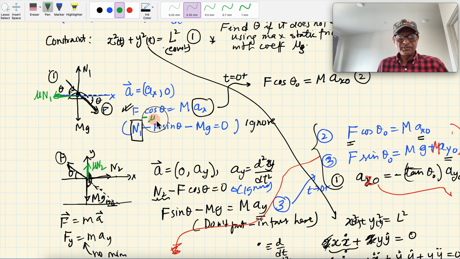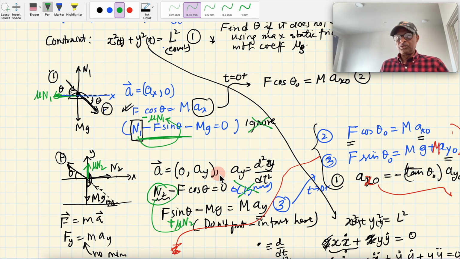So over here, the x direction is going to be modified: minus mu N1. So now I need N1. I need to solve this guy in there, need N1 and put it in there. And then in the y direction, it is going to be plus mu N2. Now I have to use this; I can't ignore it anymore.